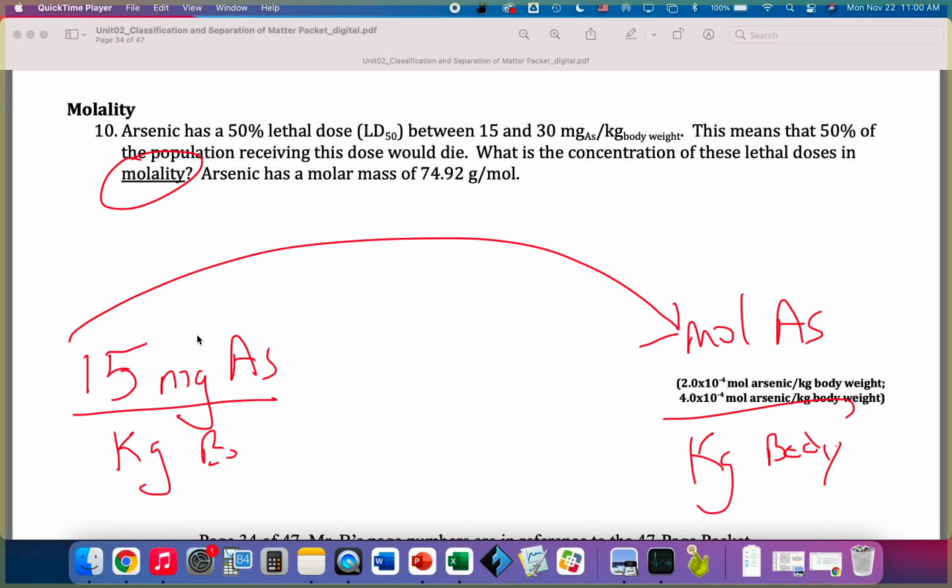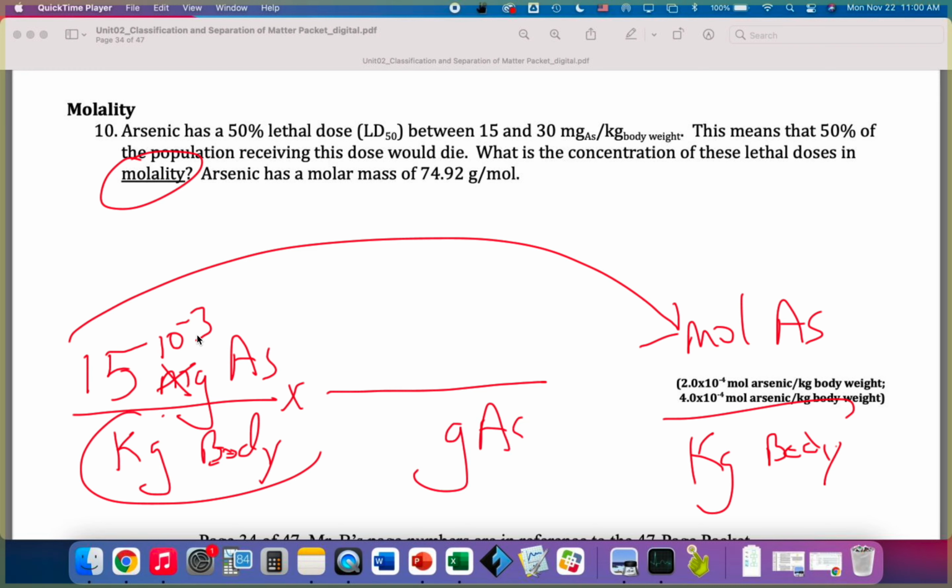Well, the nice thing about that is I'm already done with the bottom. That is the correct units for molality. Now I'm going to go from grams to moles, but the problem is this is in milligrams, so I'm going to cancel that with a 10 to the negative 3rd.